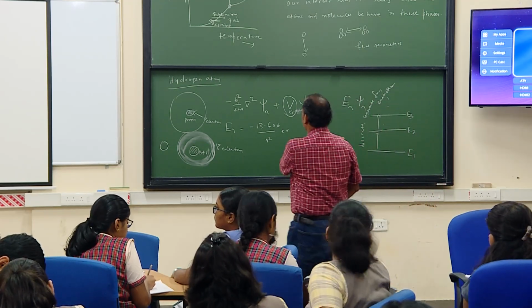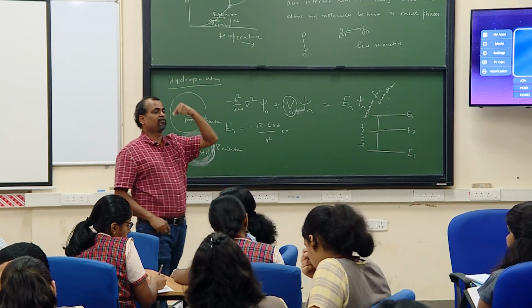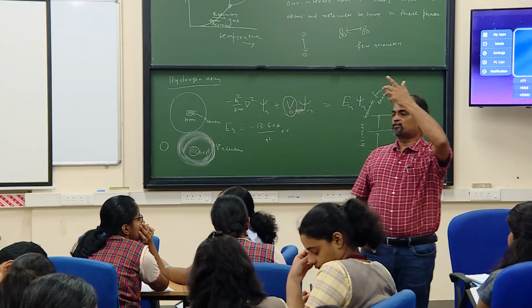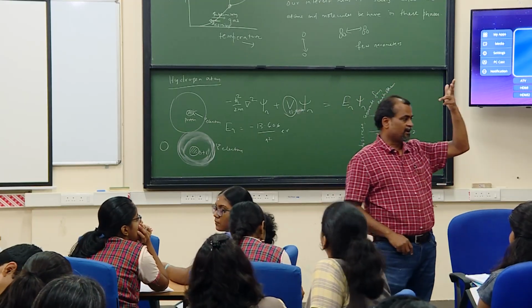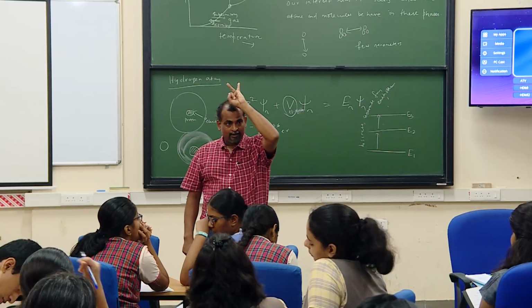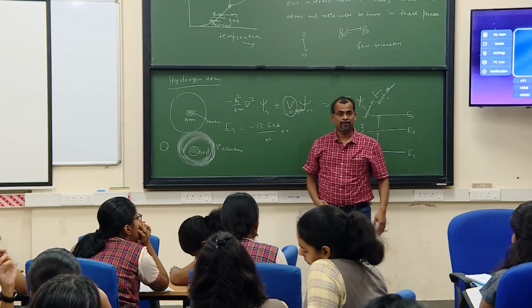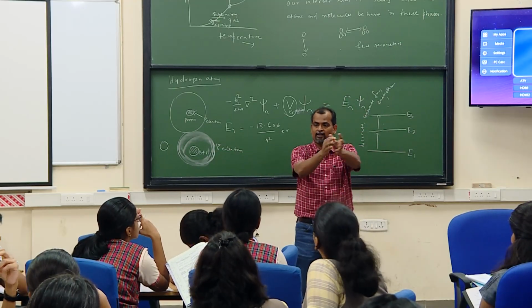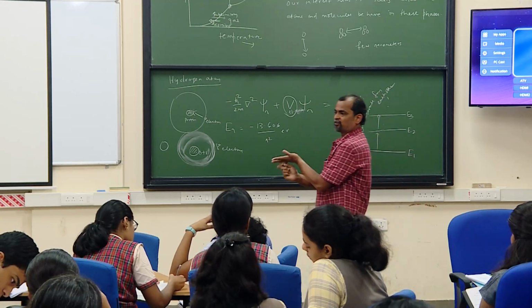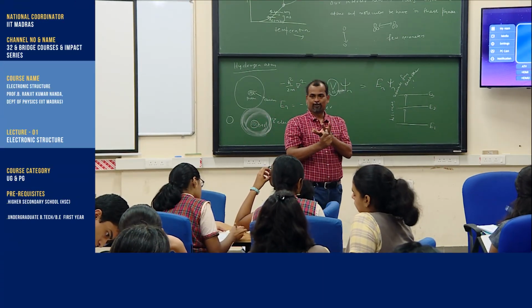Okay, so what we are trying to understand first is the electronic structure of a single atom. Our job is first to learn the electronic structure of a single atom, then of a molecule, and then the arrangement of atoms and molecules. Then we will slowly build up to the electronic structure of a gas, of a liquid, of a solid.